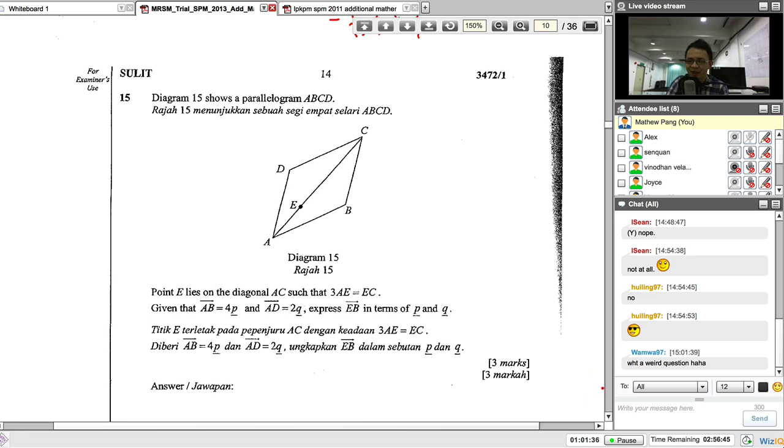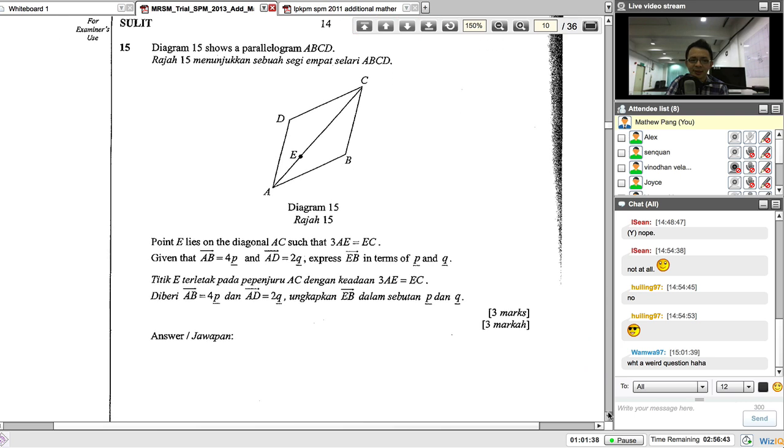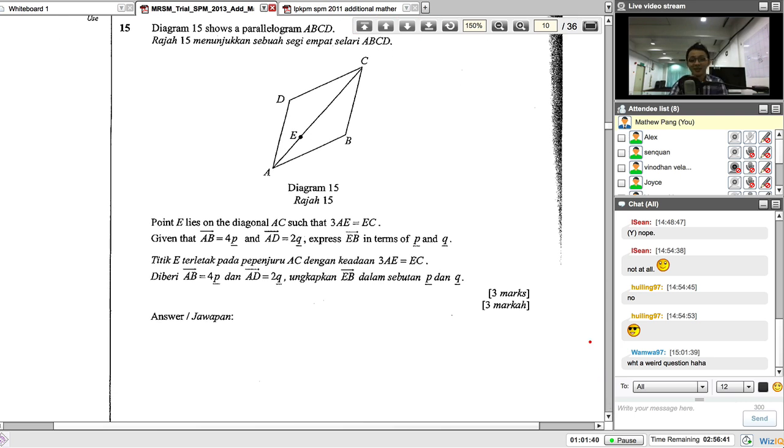Okay, question 15. It's a vector question also. Let me write down the information. 3AE equals EC, so AE over EC equals 1 over 3.